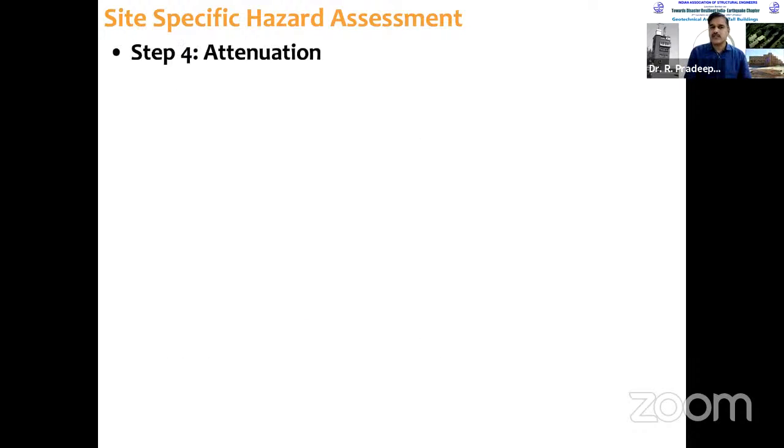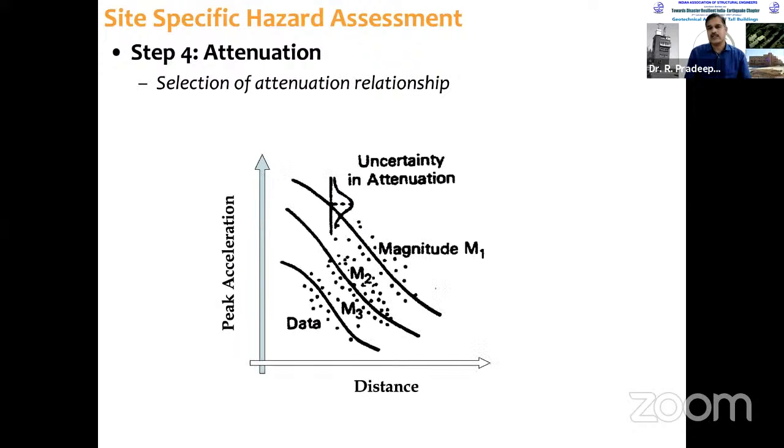Next, the fourth step, we find the attenuation relationship. What does it mean? At the source, earthquake is occurring. At the site, what will be the acceleration experienced? There are many attenuation relationships available, and I am going to show you one. Peak ground acceleration (PGA) reduces as we move away from the source, but together with the site condition, sometimes amplification also takes place.